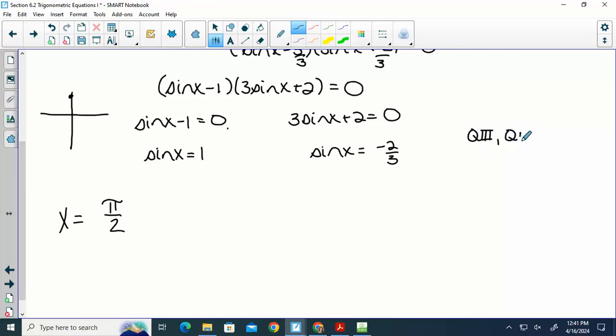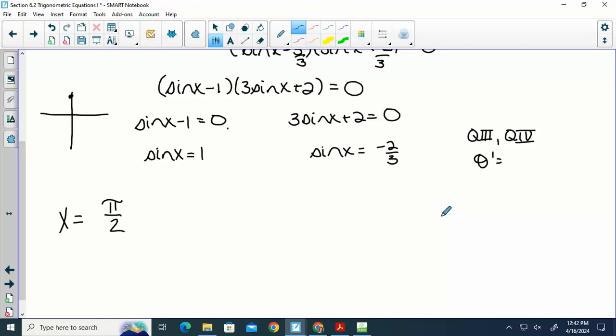3 and 4. So we have to use our calculator to get our reference angle, because we don't know when it's 2/3. So a few things. First, are we in degrees or radians? Radians. So put your calculator in radian mode. All right, second, we have talked about inverses.